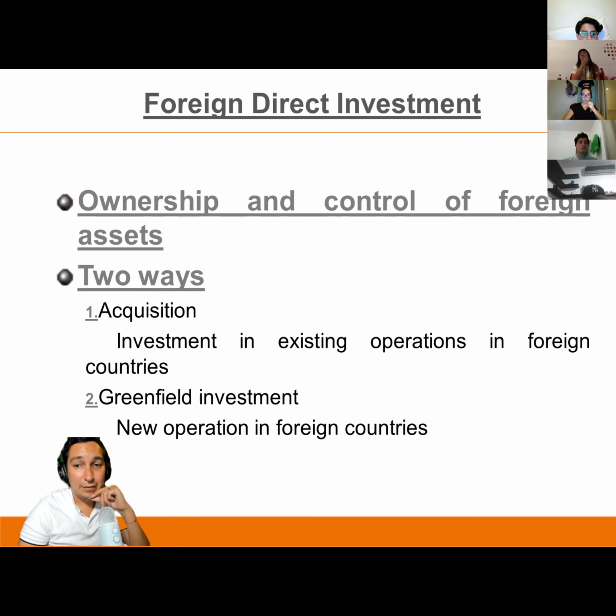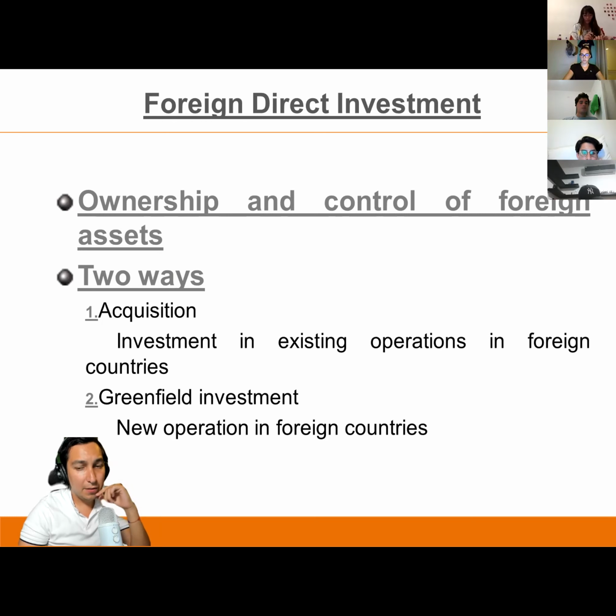Arturo, go ahead. The geographical position, I was thinking lower transportation costs, and also being closer to the raw materials that may be needed. Yes, as Andrea says, I also think it's a good reason. We can gain a foothold regarding the geographical position.